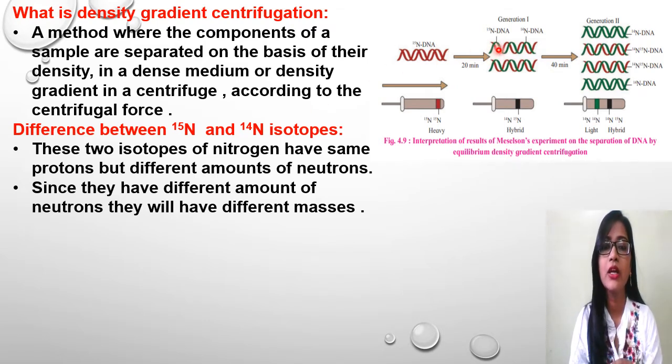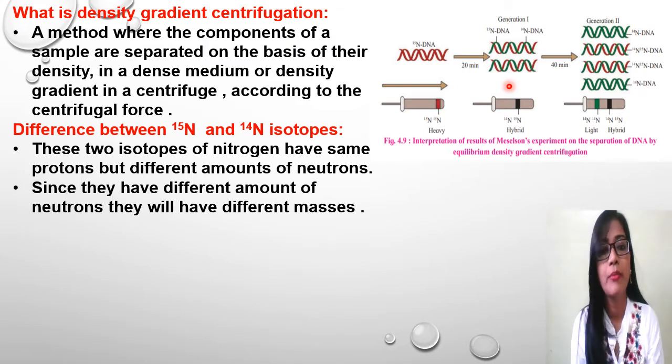The red is the old DNA and the newly formed DNA is green. Using density gradient centrifugation, Meselson and Stahl proved that DNA replication is semi-conservative, and it has been called the most beautiful experiment in biology.